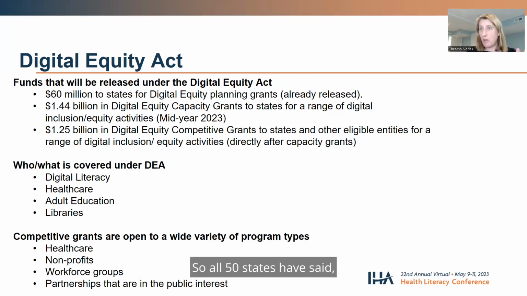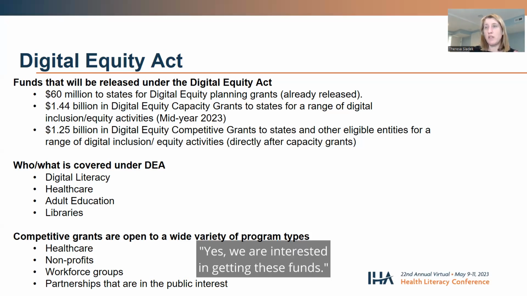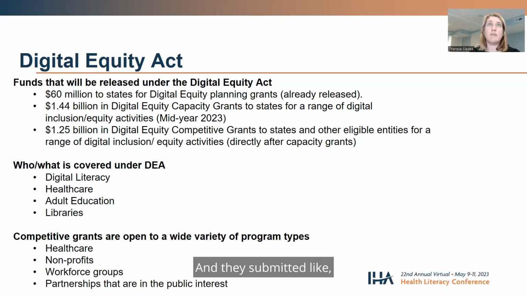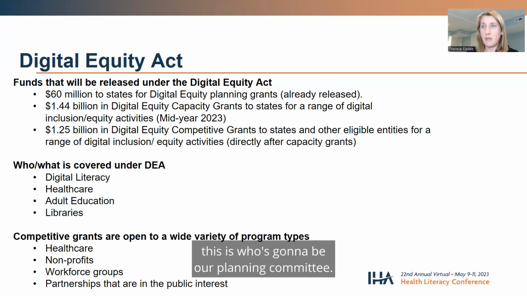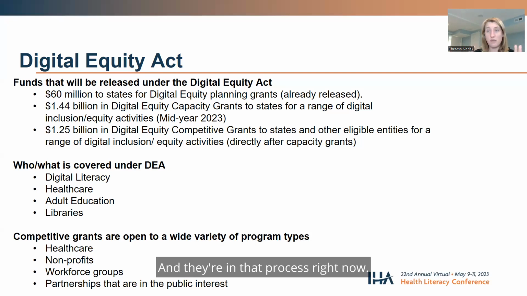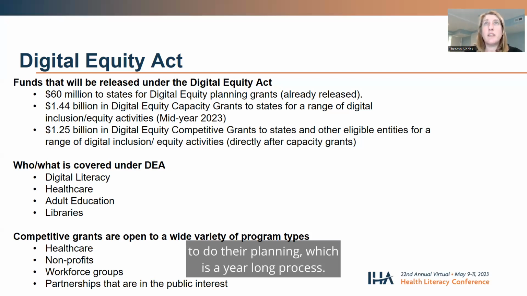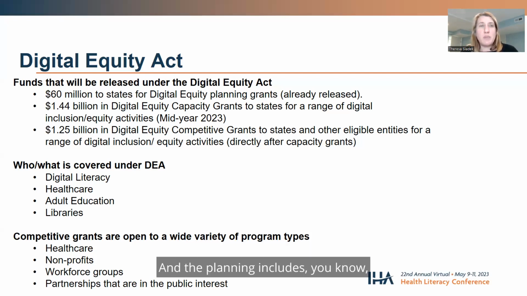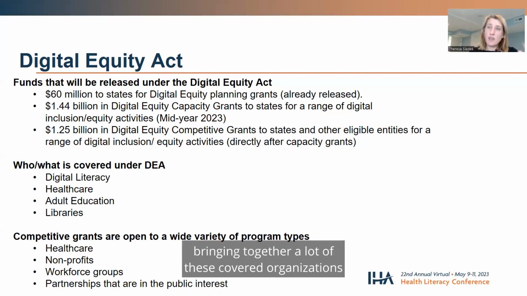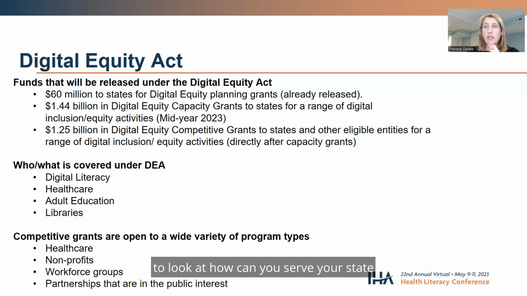So all 50 states have said, yes, we are interested in getting these funds, and they submitted who's going to be our planning committee. They're in that process right now. The planning committees have gotten the initial funding to do their planning, which is a year-long process. The planning includes bringing together a lot of these covered organizations to look at how you can serve your state and increase digital equity.